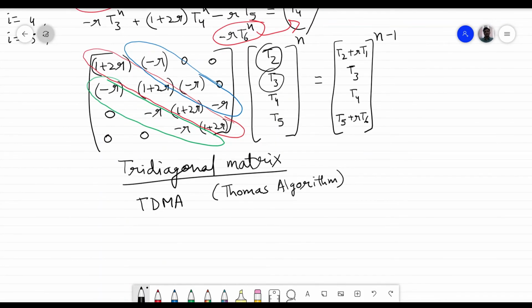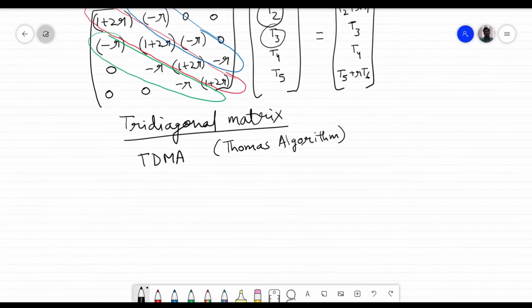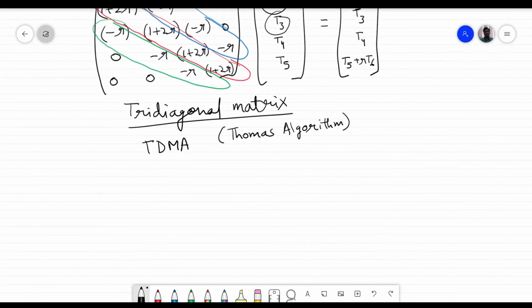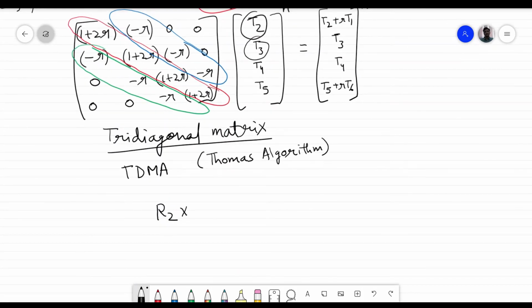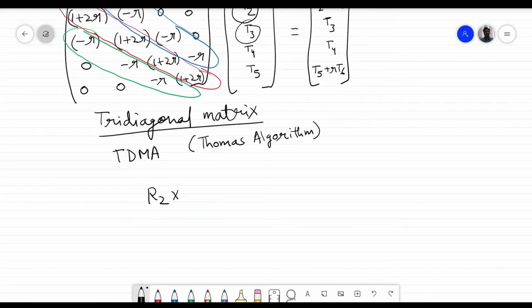So how do you eliminate the lower diagonal? We can do row manipulations, okay. What we do is multiply the bottom row, multiply row 2 by something that will cancel out with row 1 when subtracted by row 1, okay, or added with row 1.